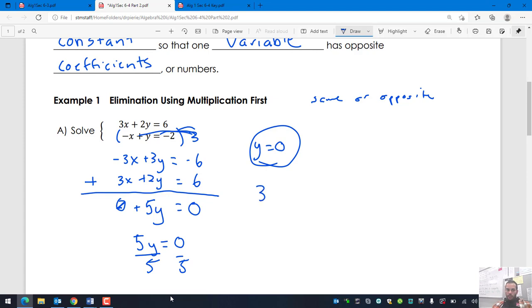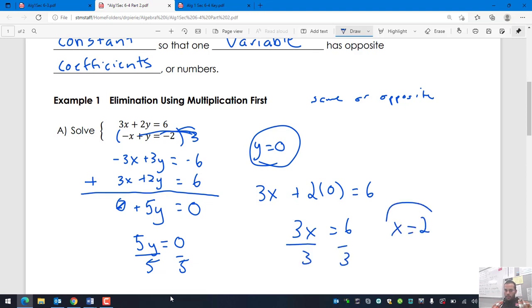I still got a 3, I still got an x, I still got a +2, but instead of writing y, I'm going to write 0. 2 times 0 is equal to 6. What's nice here is 2 times 0 is just equal to 0. All I'm left with is 3x is equal to 6. And I divide both sides by 3, and I should get x equals 2. If I want to write this as an ordered pair, I would write this as (2, 0).